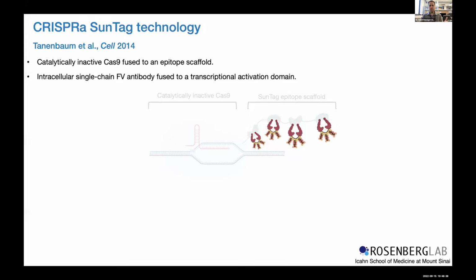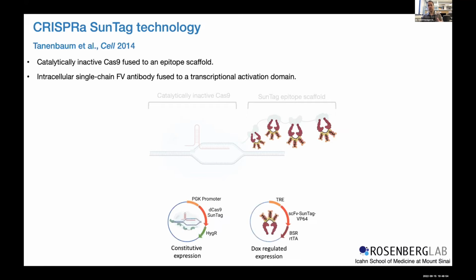So upon binding of the Cas9 protein to the promoter, multiple transcription activation domains will be recruited and create a very strong transcriptional response. We adapted that system to allow for inducible expression of the intracellular single-chain antibody, so we can precisely control the timing of the expression of our target genes.